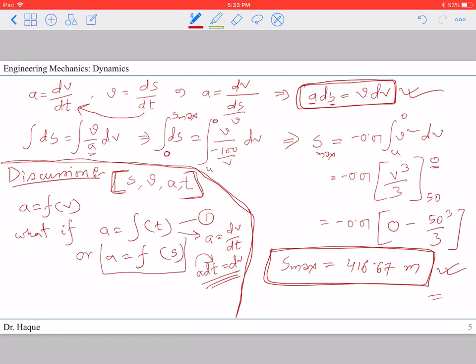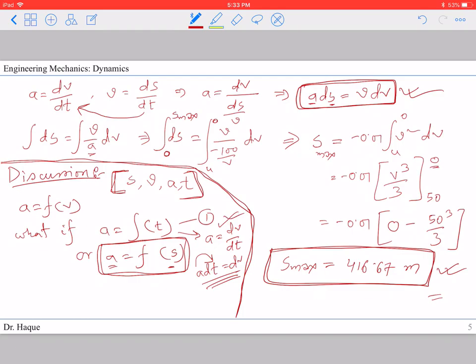Now for this one, a is a function of s, displacement. We have to connect acceleration with displacement to solve the problem. We cannot use the definition to start our solution.